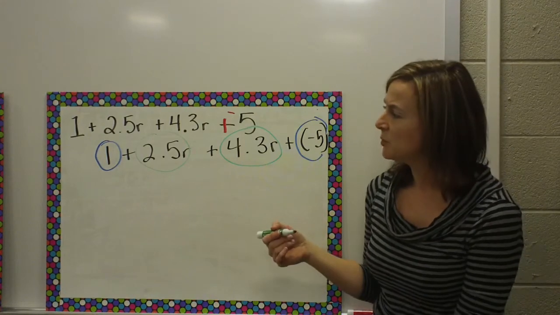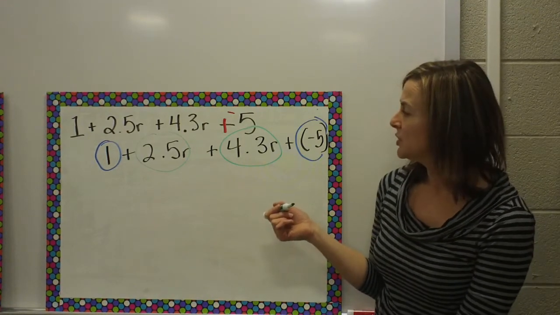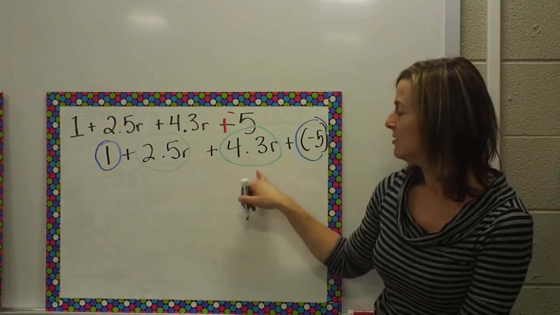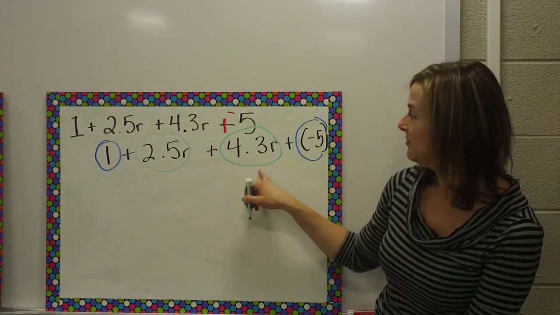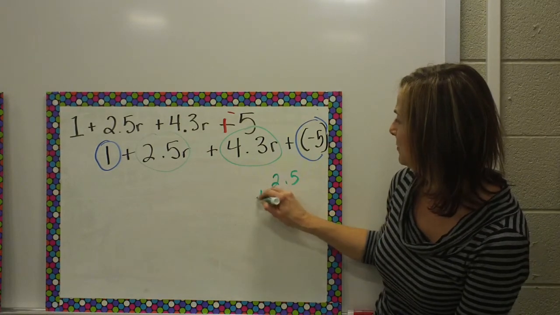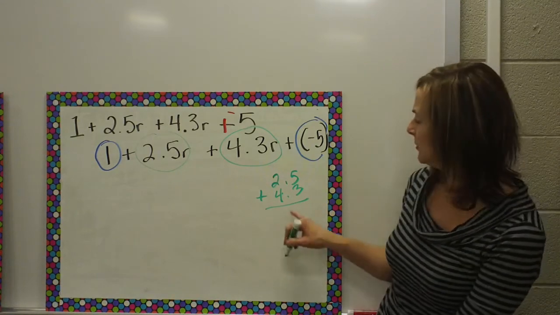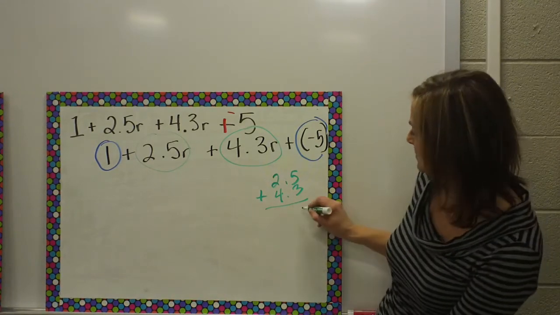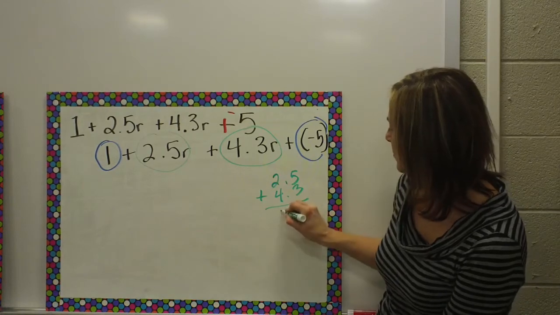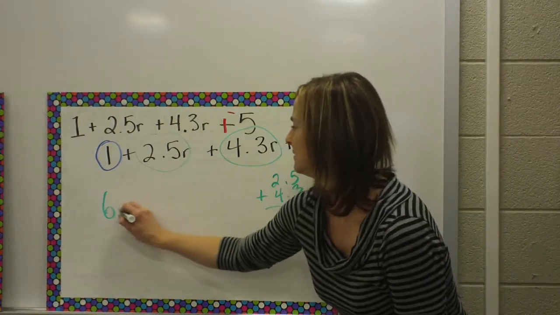Now, since I'm getting comfortable with my steps, I know that my variable terms are going to go first. So I'm going to start here, and I'm going to add 2.5 plus 4.3. Since I'm adding rational numbers, decimals, I'm going to line the decimals up, bring my decimal point down, double check, and I'm going to have 6.8r.